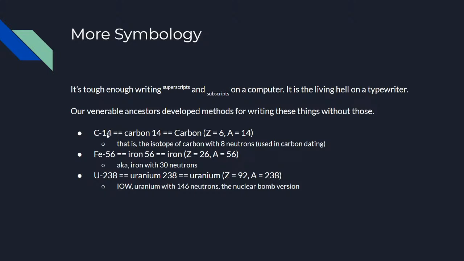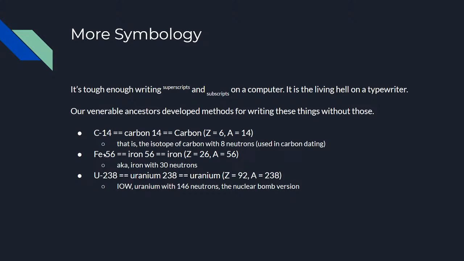C14, C-14 is referencing carbon 14, meaning carbon, which has an atomic number of 6, with a mass number of 14. That is to say, the isotope of carbon with 8 neutrons. So 6 plus 8 is 14. That is the kind of carbon used in carbon dating, radiometric dating, when they find organic materials that are 5 to 500,000 years old.